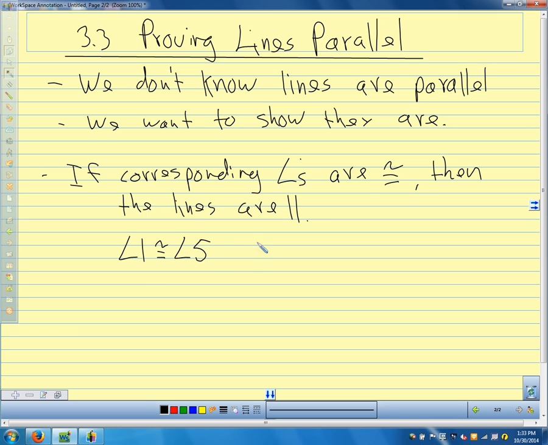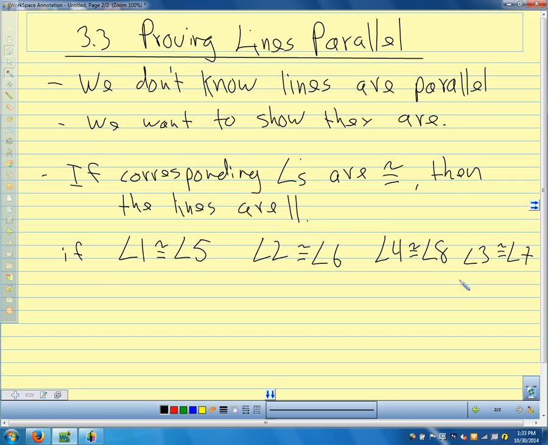So if angle 1 is congruent to angle 5, what are other corresponding angles? Angle 2 and angle 6. Two more, angle 4 and angle 8, good. And finally, angle 3 is congruent to angle 7.